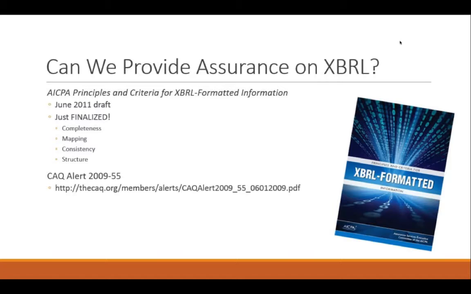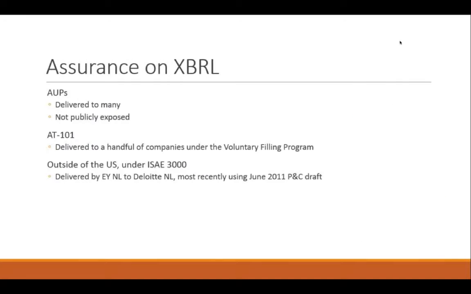And then in 2011, the AICPA issued principles and criteria for XBRL-formatted information to demonstrate how users can provide assurance on XBRL, to make sure the information shown in the XBRL report is complete, how the organization should map that information to the XBRL report, and how to make it consistent with the actual numbers.